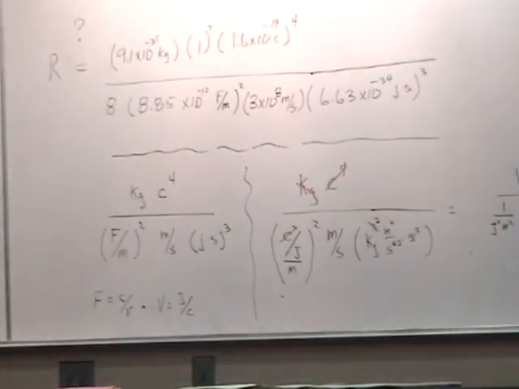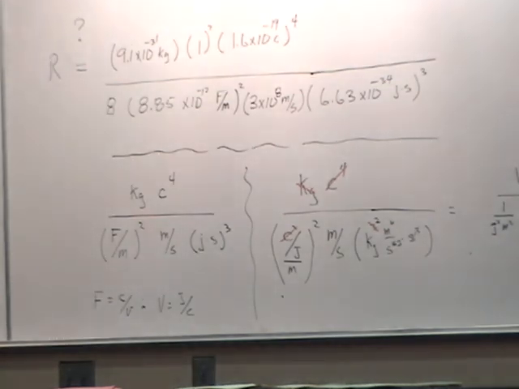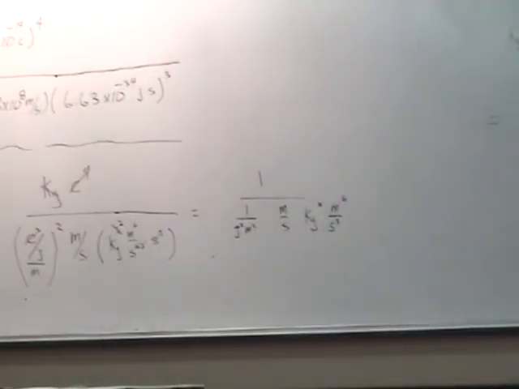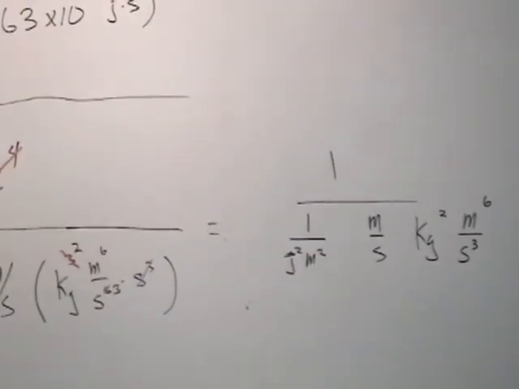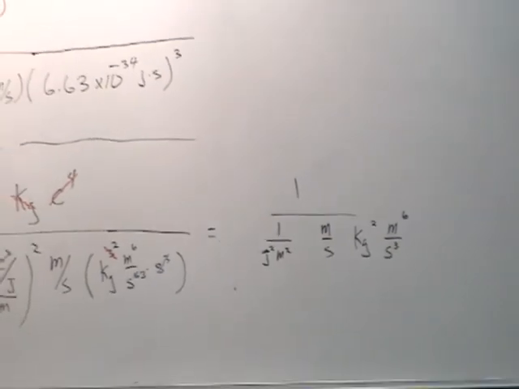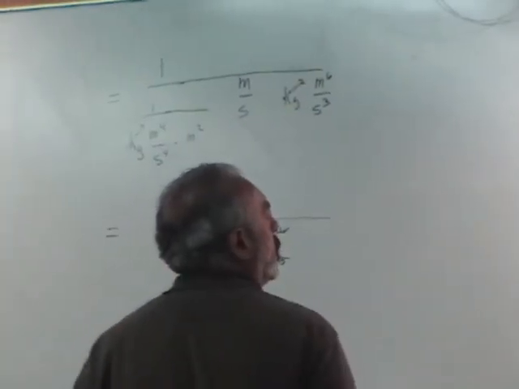And that is squared. And we have 3 times 10 to the 8. And finally, Planck's constant, right? We have 6.63 times 10 to the minus 34, cubed. And this is all 1 over meters. Cubed, squared, upstairs, we have to the 4th.